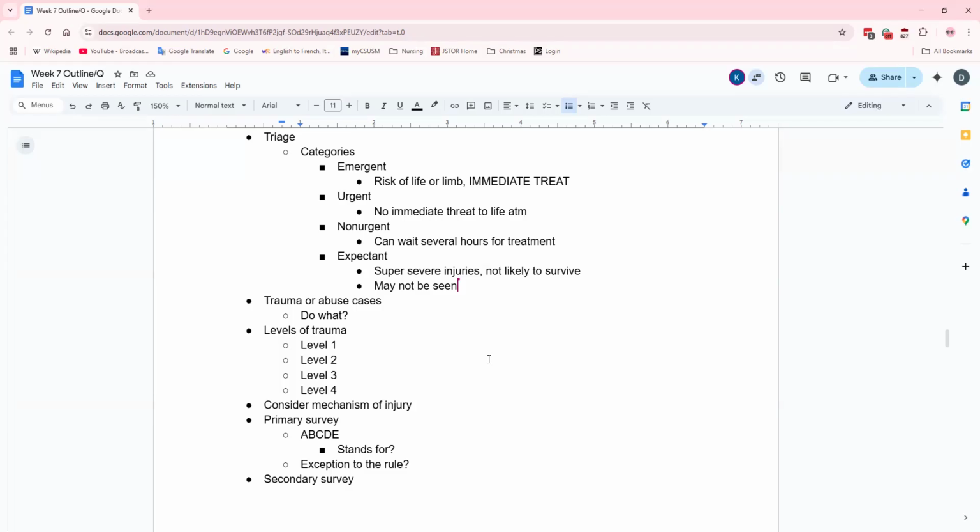Is there anything I can actually do for them, or am I just spending a lot of resources on them? Which sounds horrible, but that's how triage goes for emergency, unfortunately. If you're in a mass casualty and you only have a certain amount of supplies, who are you going to give these supplies and your time to? Because there's a lot of people that need your help.